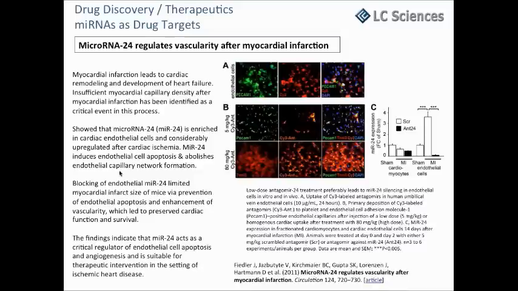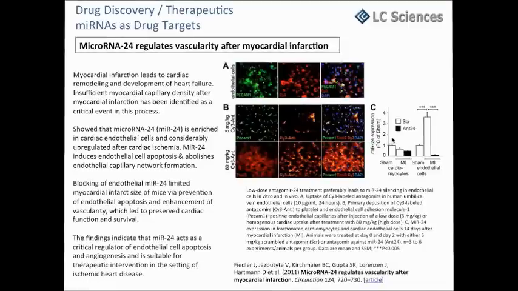And this paper basically summarizes the finding that microRNA 24 acts as a critical regulator of endothelial cell apoptosis and angiogenesis, and that it can be potentially used for therapeutic intervention. It's basically a similar experiment as the previous paper. They used an antagomir 24 as well as a scrambled antagomir, and studied the effects that each of those had.